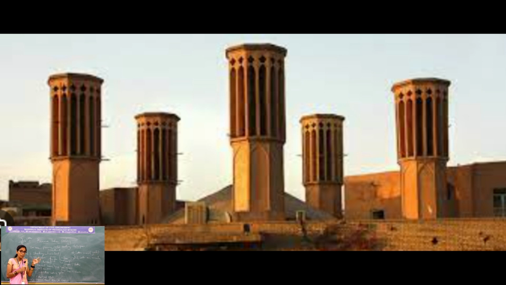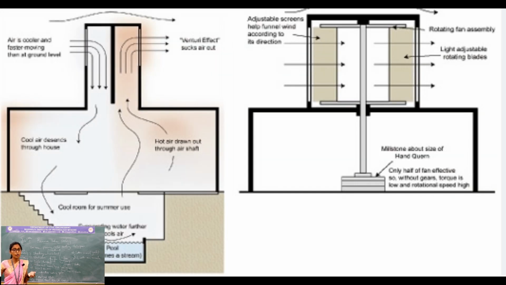So here the capturing of the wind is happening, not the capturing of the heat, right? It is the wind which is being captured. Obviously that wind will have some minute water vapors present in it. That is how precipitation takes place, right? So you might have heard about convection precipitation. It is a hot summer and suddenly you get a rainfall, right?